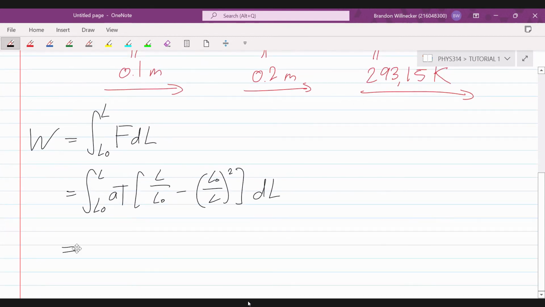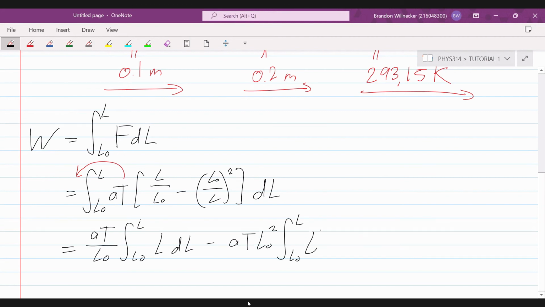We know that this is isothermal, so the temperature is a constant, so we can take that out. A is also a constant, L naught is a constant, so we can take those out as well. So it's going to be AT over L naught, integral from L naught to L of L dl, minus AT L naught squared, integral from L naught to L of L to the minus 2 dl.